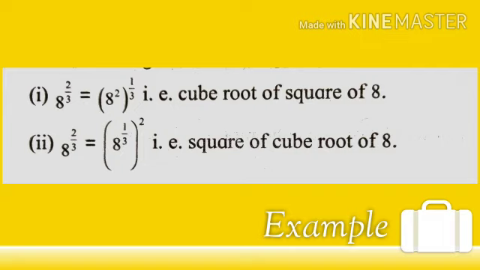In the first example, that is 8 raised to 2 upon 3 is equal to 8 raised to 2 whole raised to 1 upon 3. Here 1 upon 3 means it is cube root, and 8 raised to 2 means what?